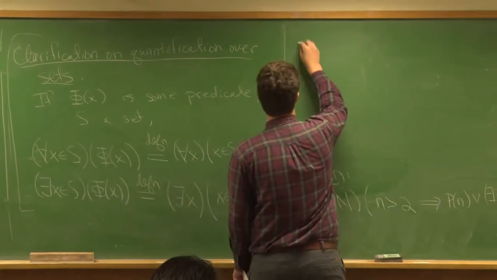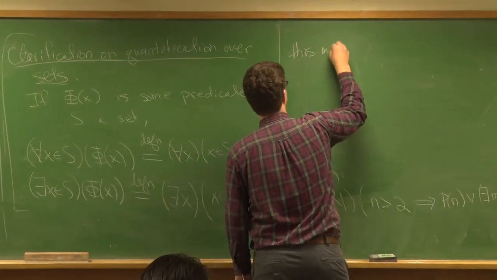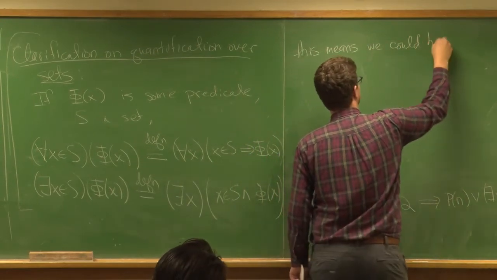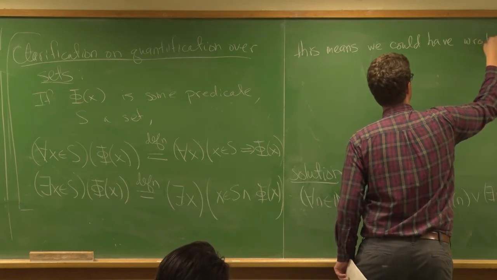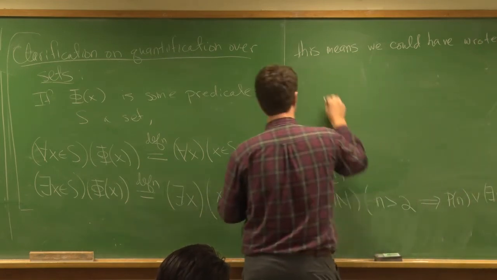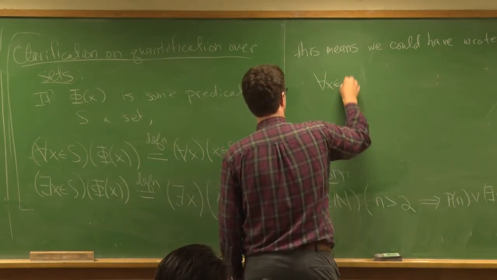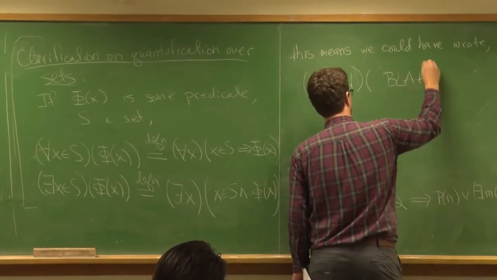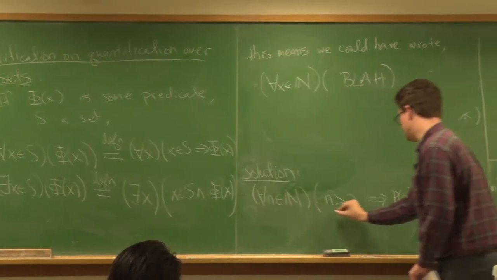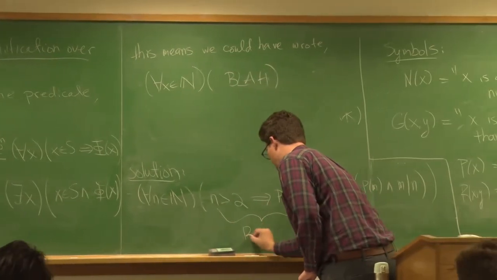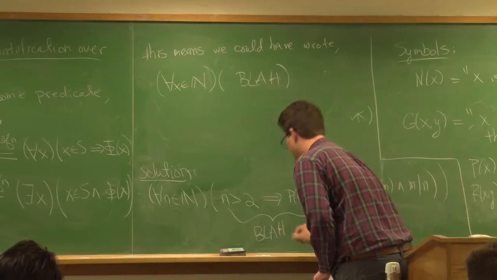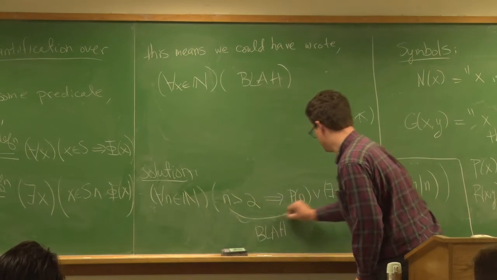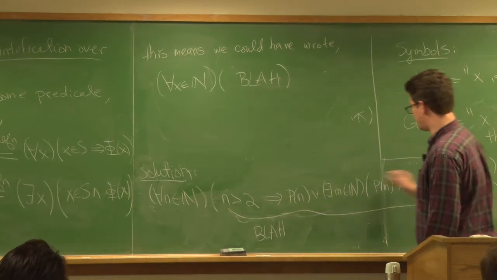This means we could have written something like, for all x in the natural numbers, blah, where this whole thing here is what I mean by blah.